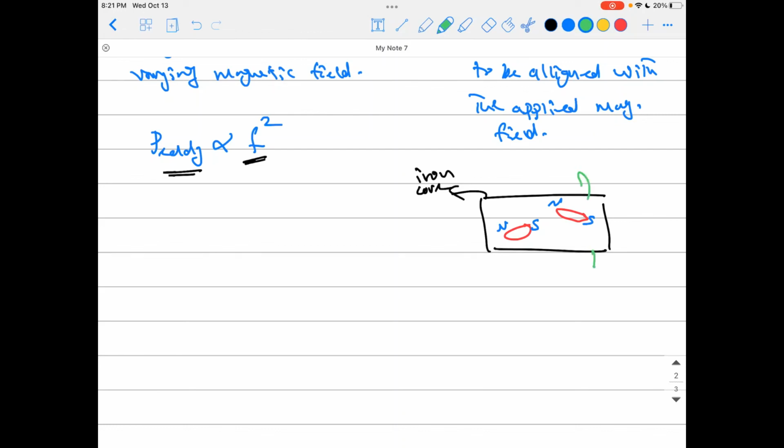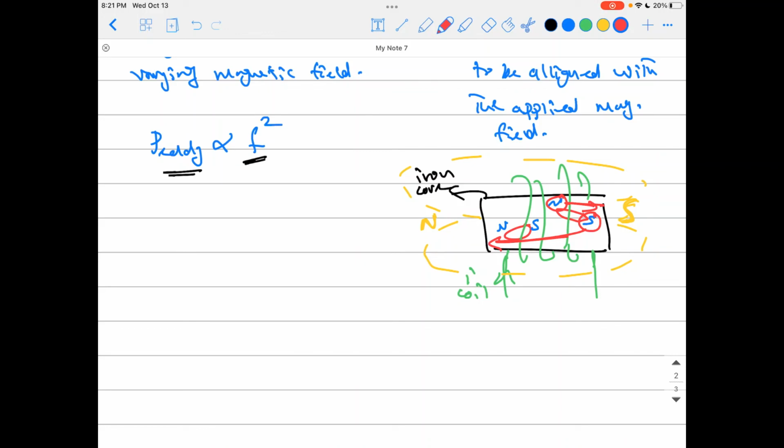But if you have a coil wrapped over it like this, and you have current moving into this coil, now you have an external magnetic field applied, so you will have magnetic flux lines moving around here. For example, you have a north pole here and a south pole here. What will happen is that those internal dipoles will try to realign to be attracted to the other poles. This north pole will be attracted to this south pole, and this south pole will be attracted to go to the main south pole outside.